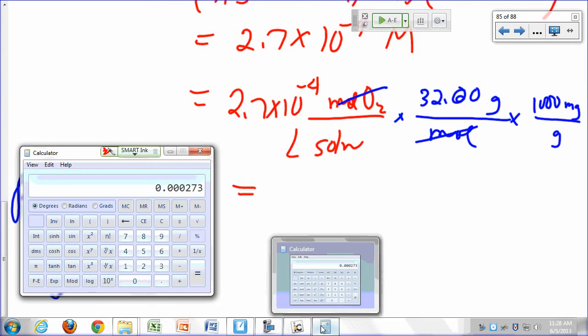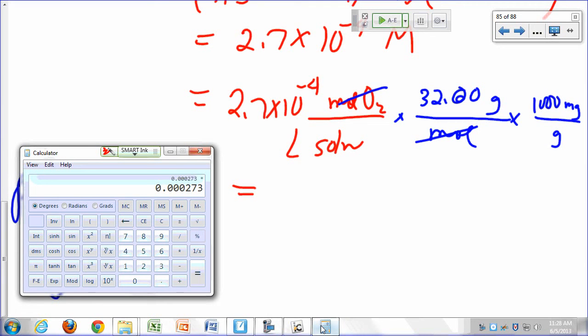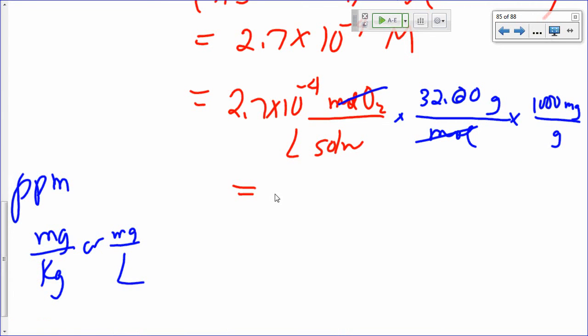So that gives me how much? 2.7 times 10 to the negative 4 times 32 times 1,000. That's 8.7 ppm. Okay, 8.7. So that is 8.7 milligrams per liter.